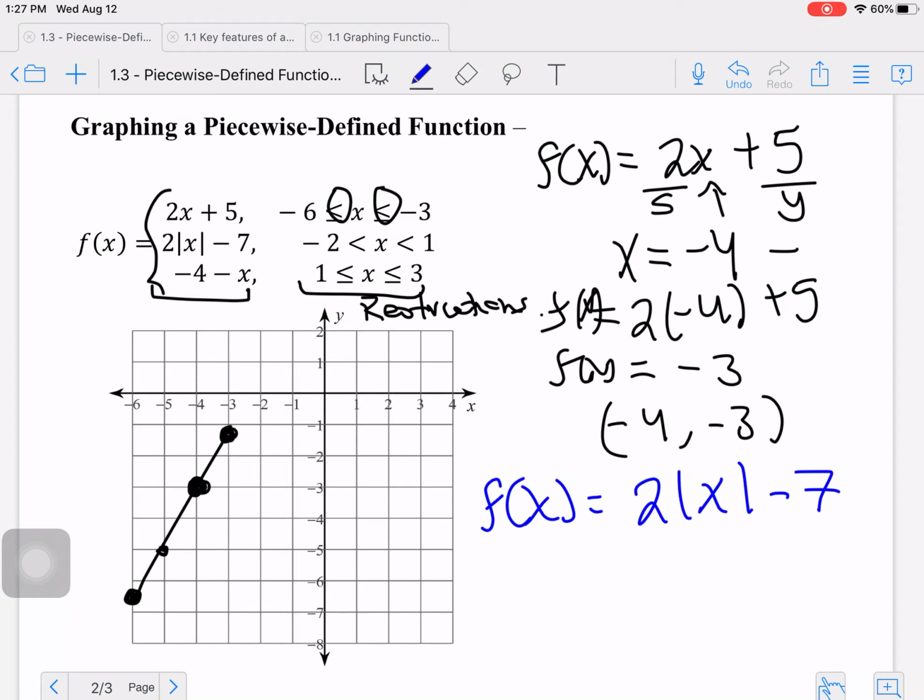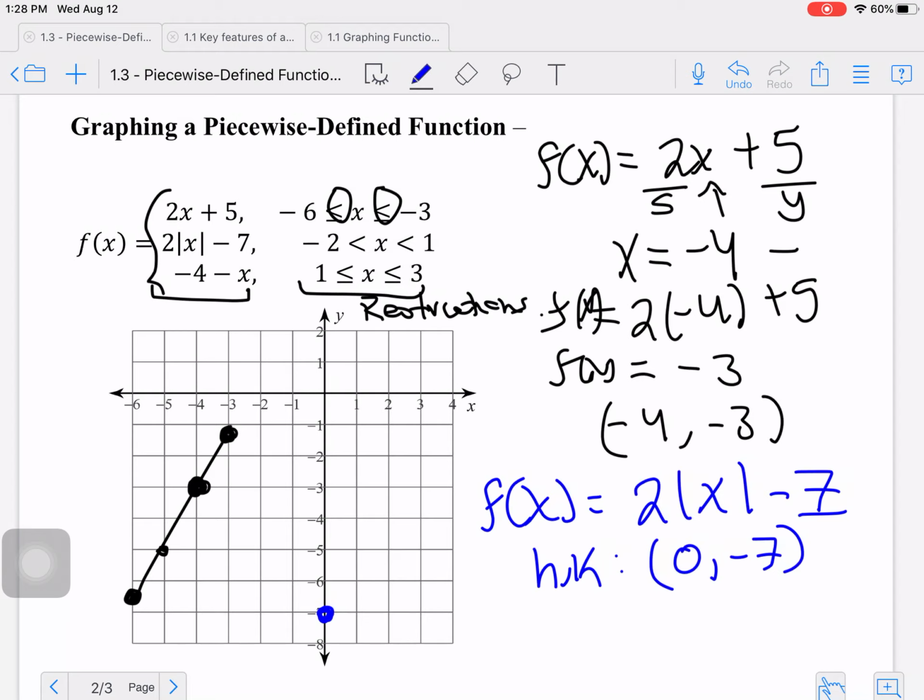So my h is going to be 0, and I can see that my k is actually -7. So there's my starting point, 0, -7. That's my vertex, where my axis of symmetry is. I'm not going to draw the axis of symmetry just because it might confuse you.